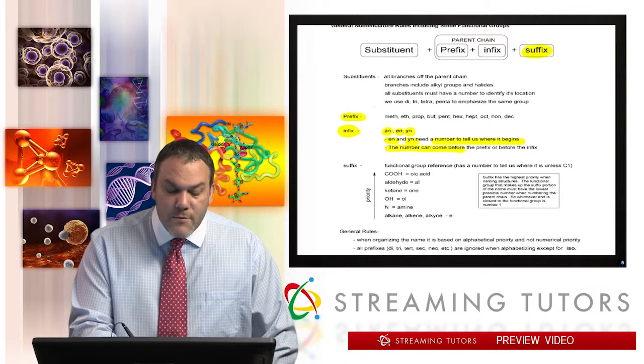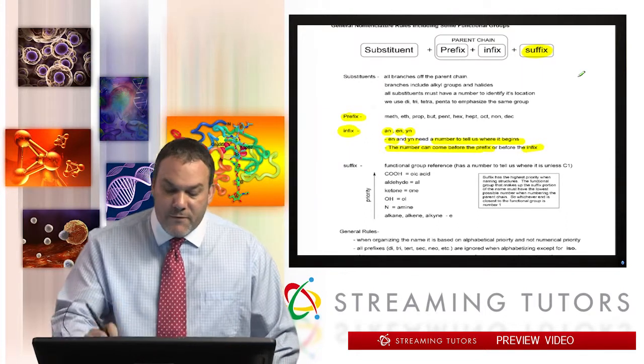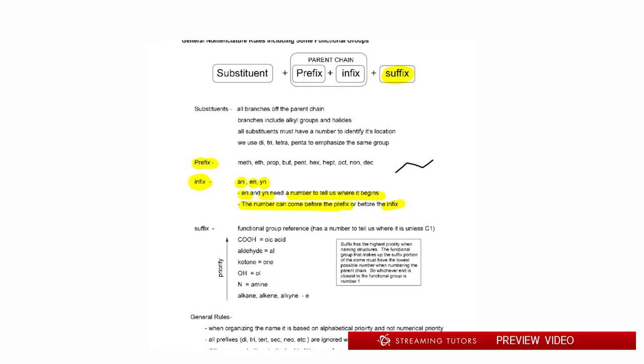Now this says that the number can come before the prefix or the infix. Let me give you an example right now. Let's say I have, in this case, pentene. I would have a 1, because this is number 1. The double bond gets the lowest possible number, and here's 2, 3, 4, 5. So I have a 1-pent. That's my prefix.